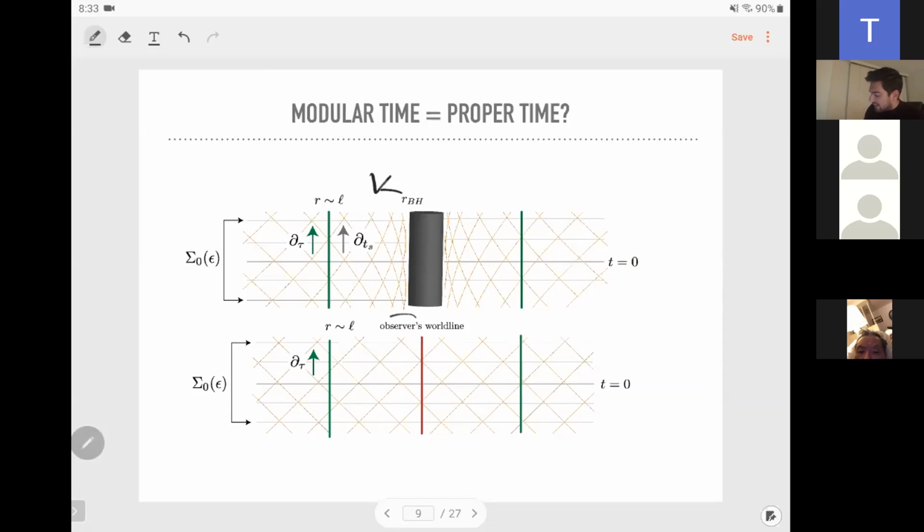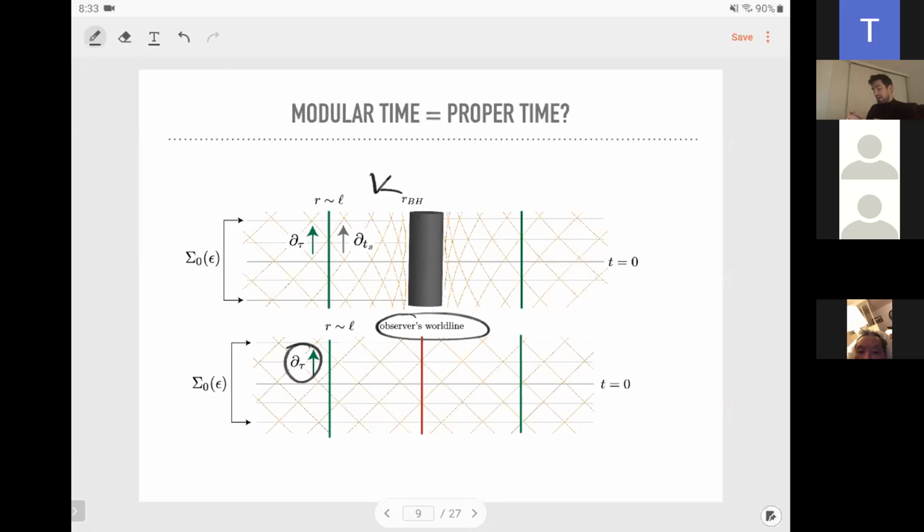I instead had an ideal observer propagating in it. If I focus in a little neighborhood of this observer, the spacetime looks approximately flat. So this means that there are some local Killing vectors that form the Poincare algebra. One of those vectors preserves the worldline of the observer, and I call it the generator of proper time.